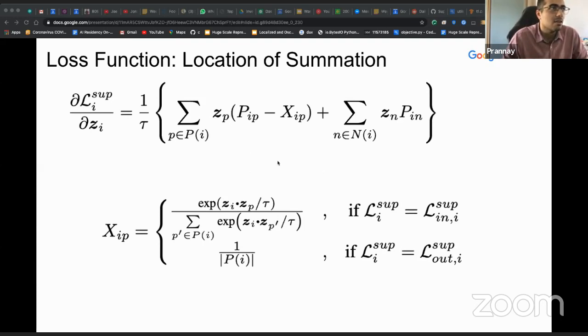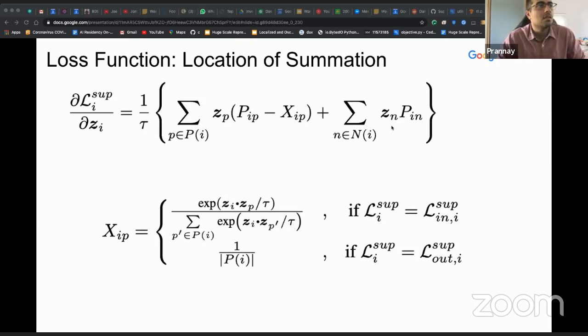So one of the interesting observations that we have been able to make is that the gradient looks something like this, where the gradient of the loss with respect to the embedding is something like, we have a 1 by tau term, which is weighing the representations coming from other samples. So it's weighing z of p, which is the representation corresponding to the positive, or z of n, which is the representation coming from the negative.